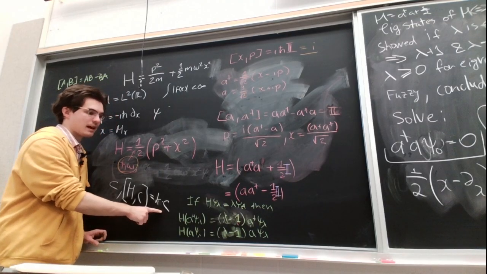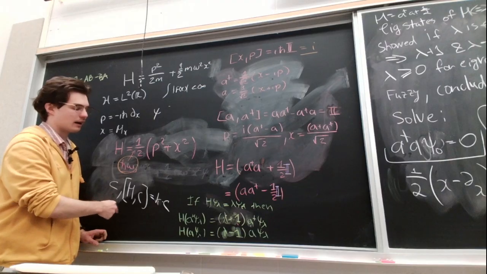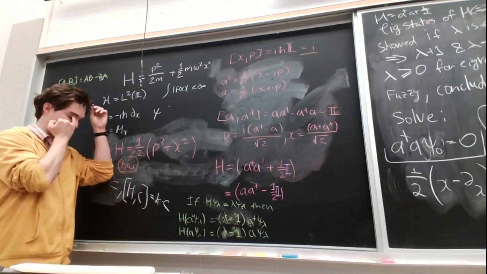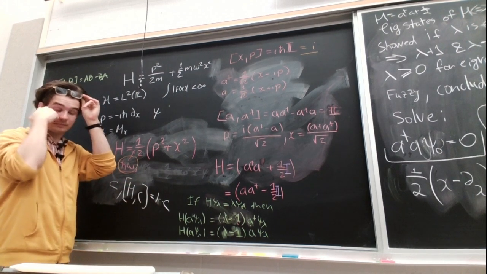This condition is what gives you that C sends an eigenstate to another eigenstate with eigenvalue shifted by K. It also gives you uncertainty on those operators.